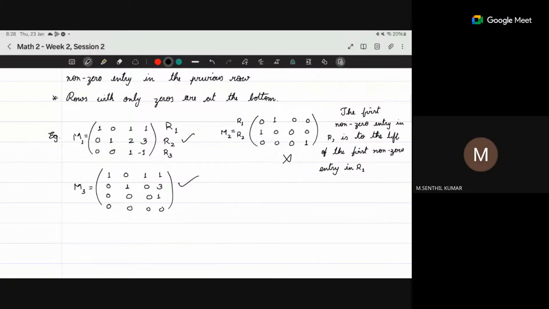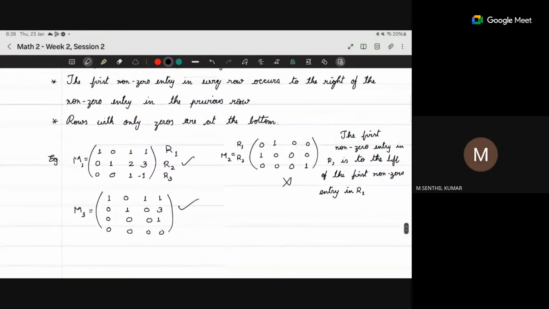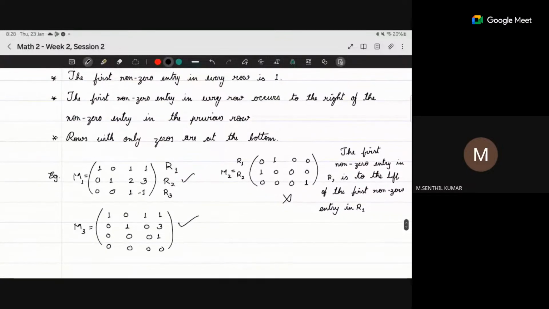So actually, we have to follow only row 1, row 2, correct? That position of the 1? Every row has to satisfy these 3 things. The third rule is that only zero rows should be at the bottom. My doubt is, in M3 the third row, the last one is there, no? Fourth column. Yes. But this condition is okay.